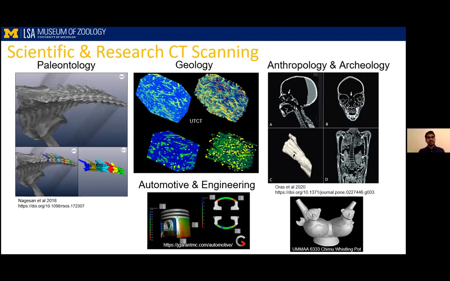So CT scanning can allow manufacturers in the automotive industry, in the aircraft industry to look for things like microstructural flaws in the product. And so it's quite widely used to ensure that the products that we use on a day-to-day basis aren't just going to fail for all kinds of random reasons. So as you can see, there's quite a wide range of applications for CT scanning.